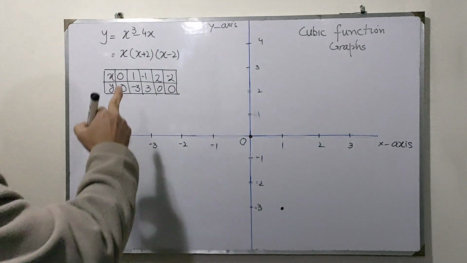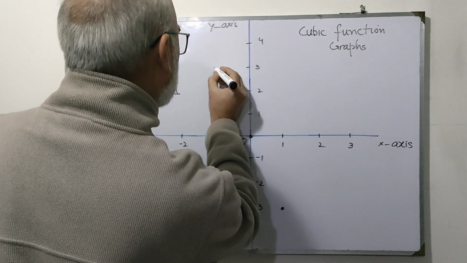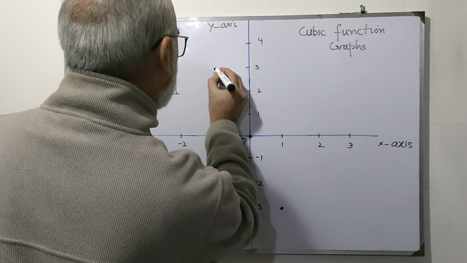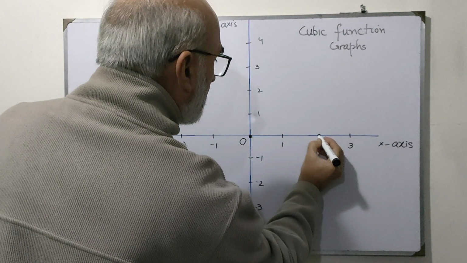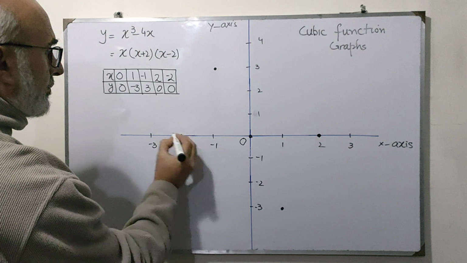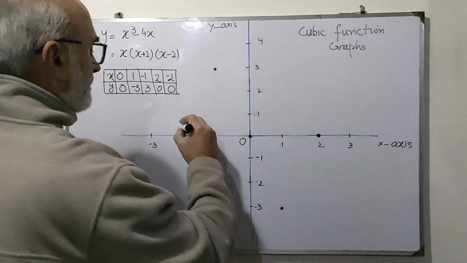And then minus 1 and 3. 2 and 0, it's here, and minus 2 and 0. Now let's join them.